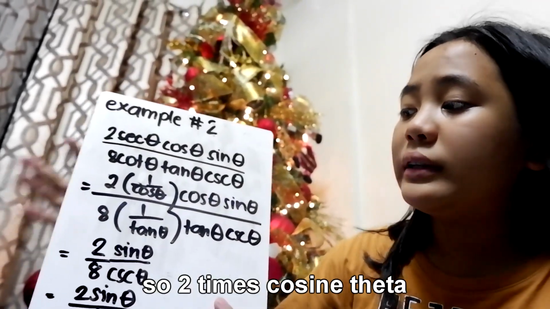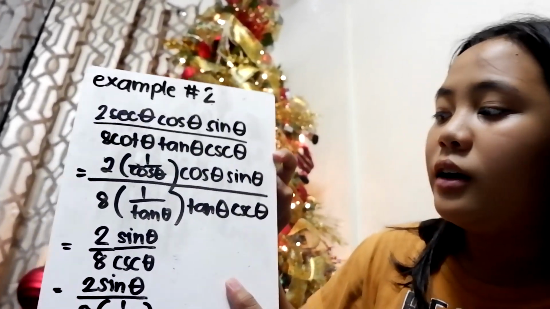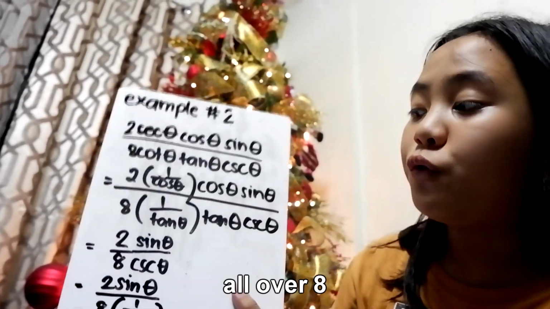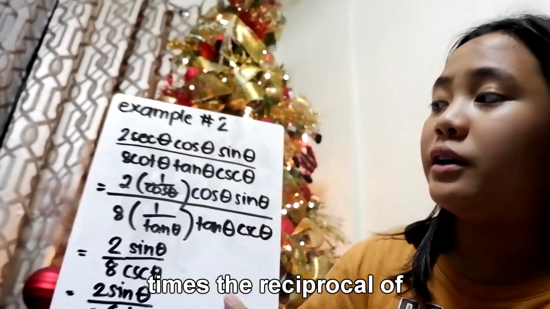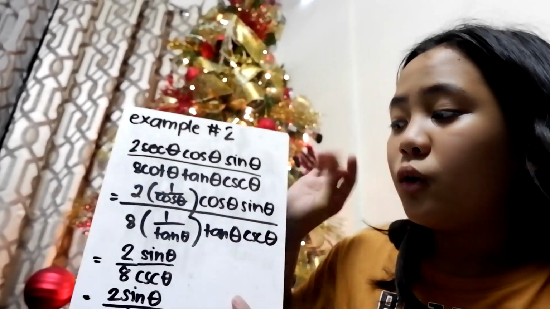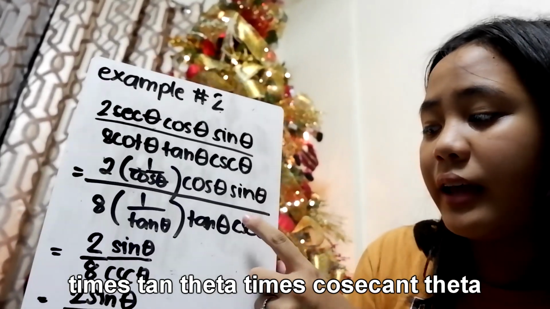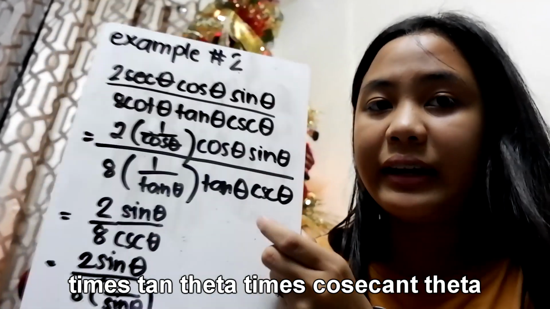So, 2 times 1 over cosine theta times cosine theta times sine theta over 8 times the reciprocal of cotangent theta, 1 over tan theta, times tan theta times cosecant theta.